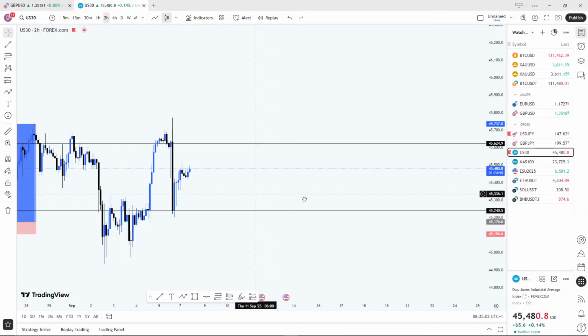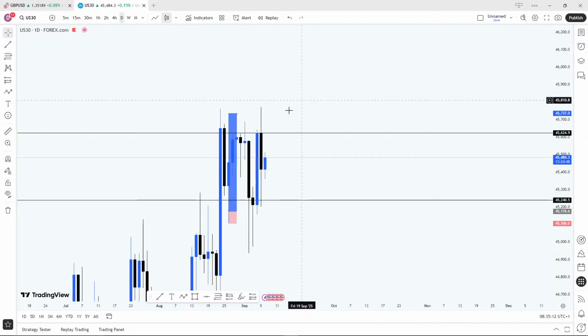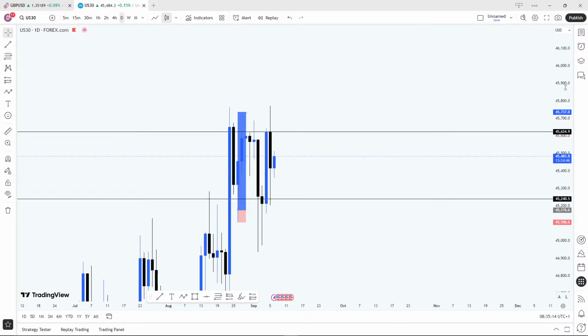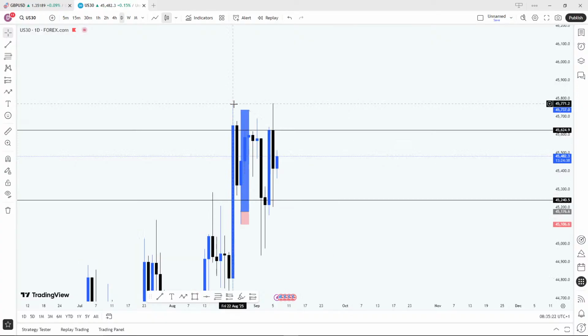So first, my higher time frame. On the higher time frame on US 30, I'm on US 30. We have this very high, which is a level this price is supposed to take out as a break of structure.